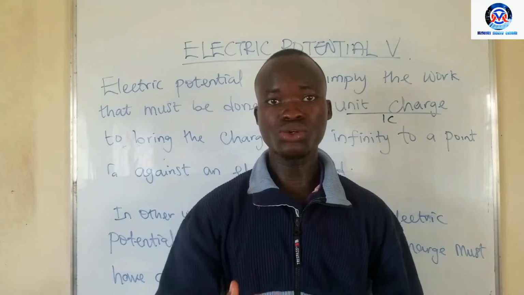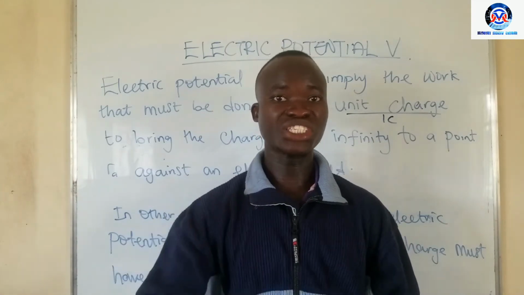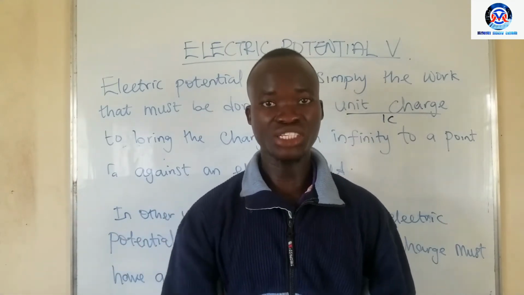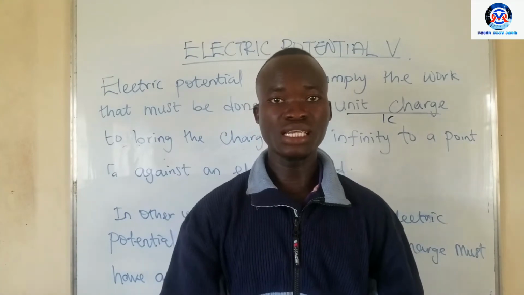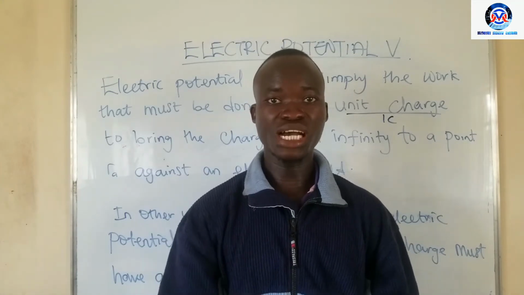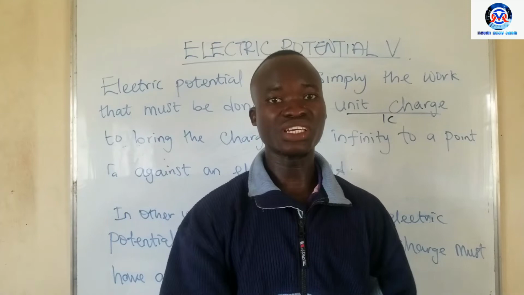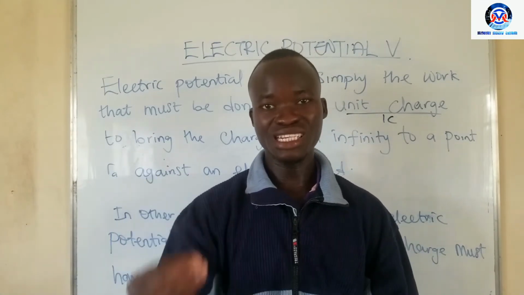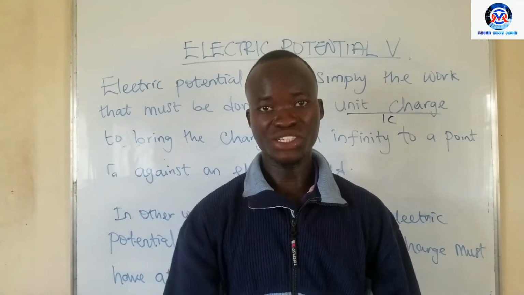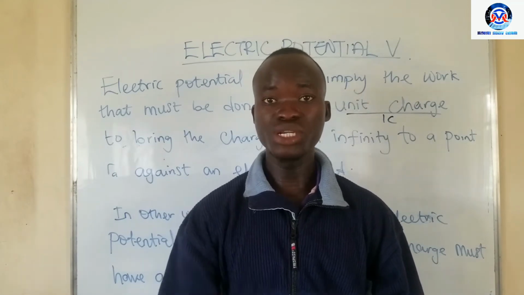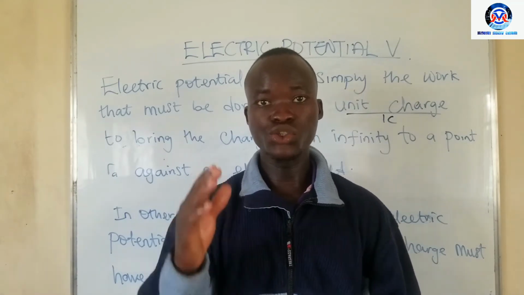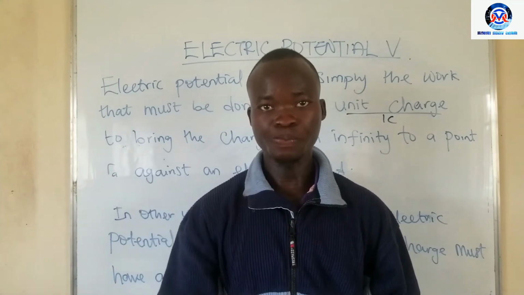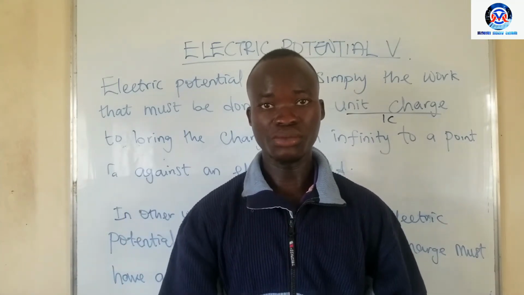And we can also see that it means potential energy per charge. So electric potential is related to electric potential energy. Electric potential is simply the electric potential energy per charge, and that is why the unit of electric potential is joules per coulomb. So now let's see some illustration.